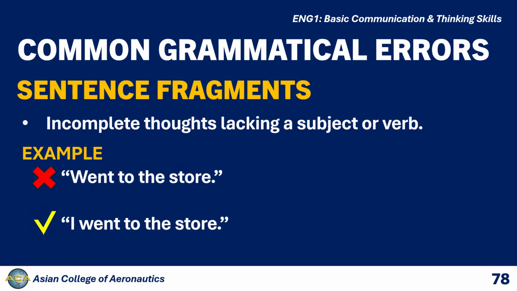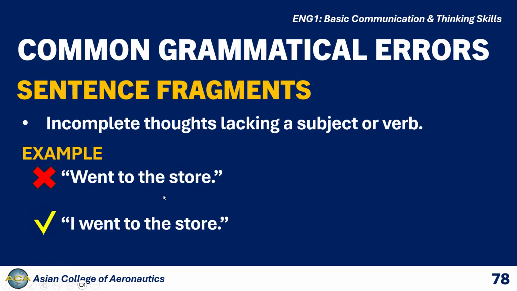Again, the basic formula in a simple sentence is S plus V, or the subject plus verb, or S plus V plus O, the subject plus verb and object. Now, where is your subject?